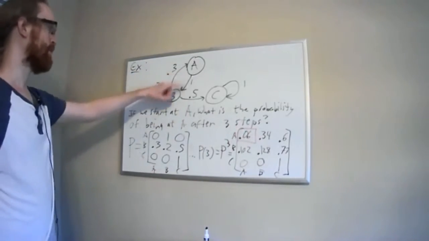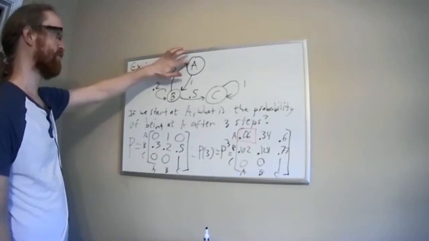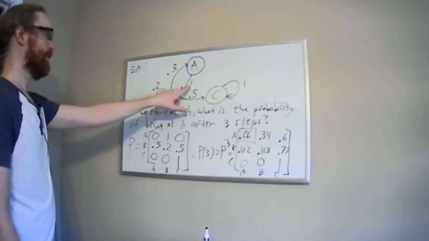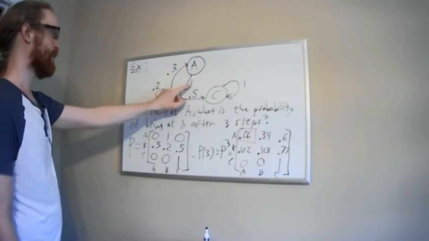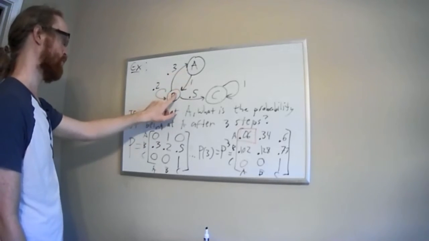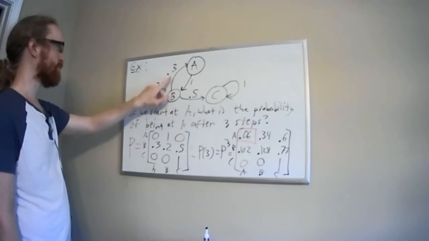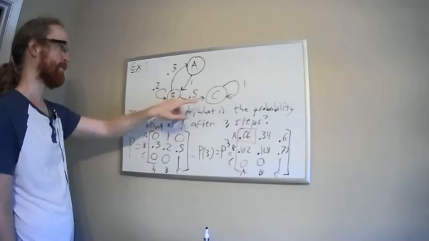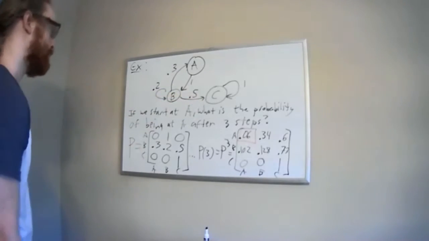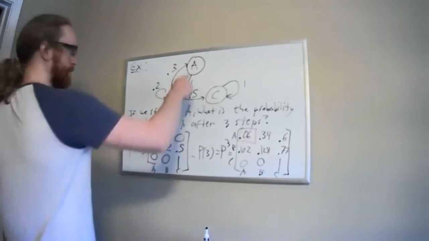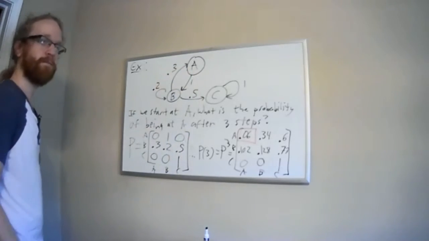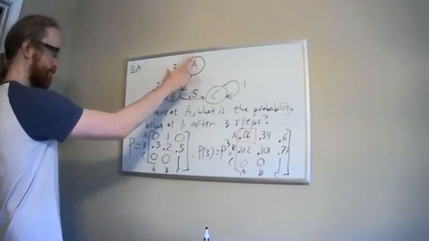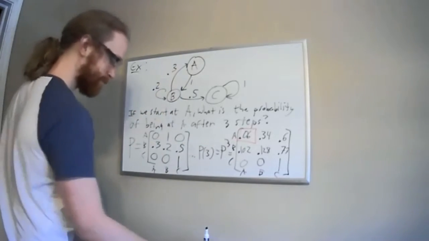We're not very likely to end up on A after 3 turns if we start at A. That makes sense if we look at the diagram, because once I'm at A, I have probability 1 of leaving A, and then there's a pretty small probability of going back to A, whereas there's a bigger probability of going to C. So it doesn't seem likely that if I start at A, I'll end up back at A after so many steps. This matches the intuition from analyzing the diagram.